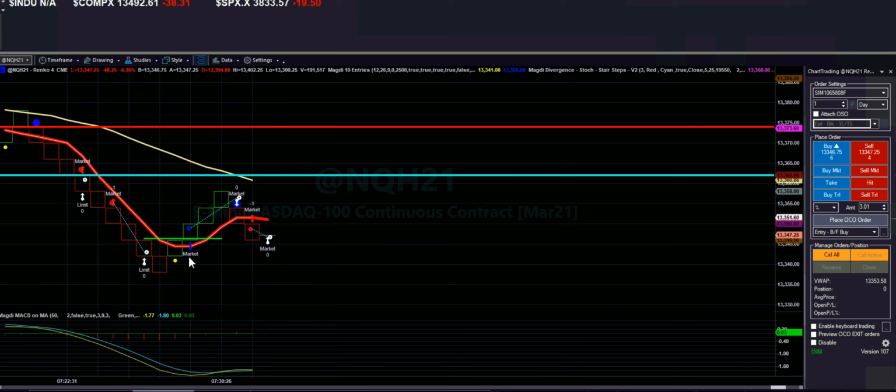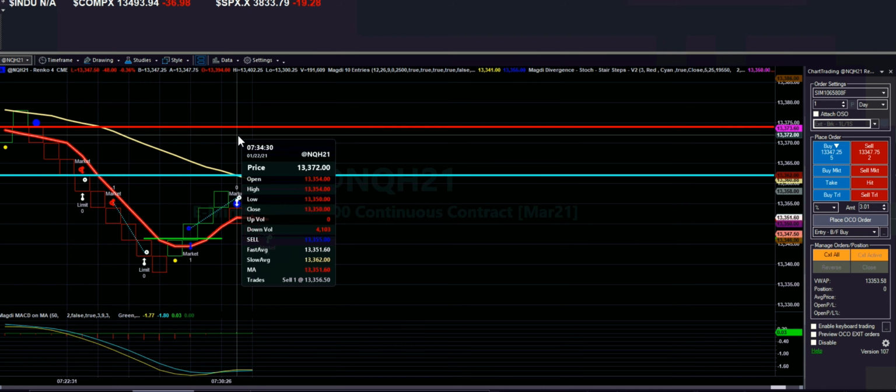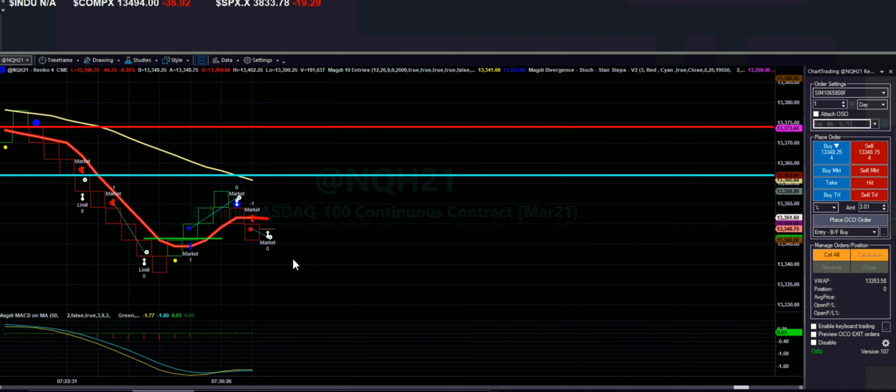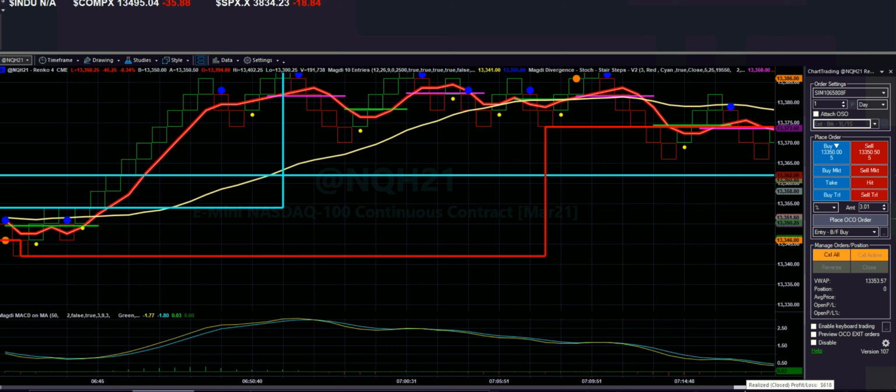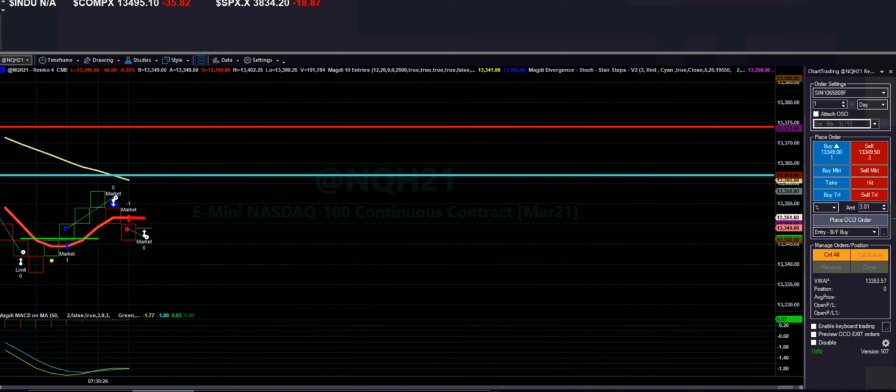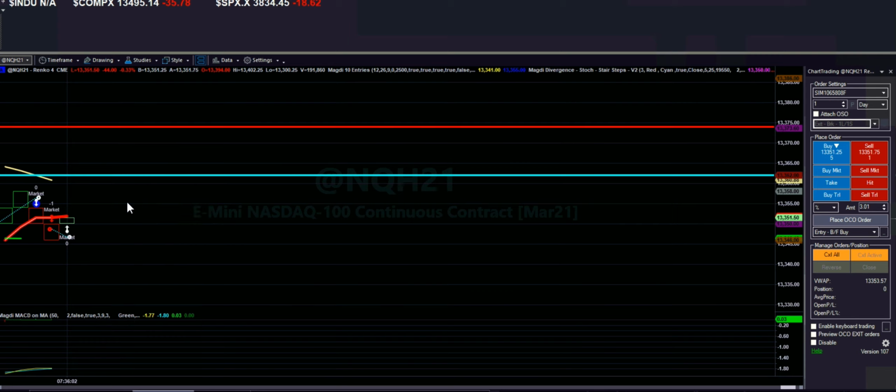See what happened here: it hit this line, but see it's moving. I told you one of the rules I use is that when this crosses, that means it is the exit. Look at what's happening here.